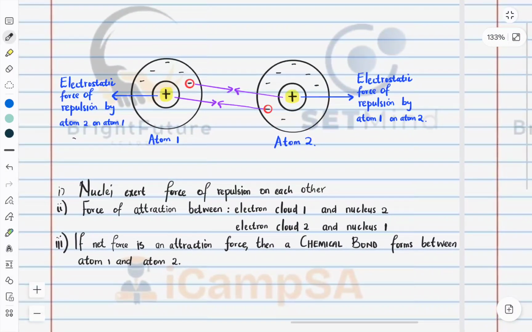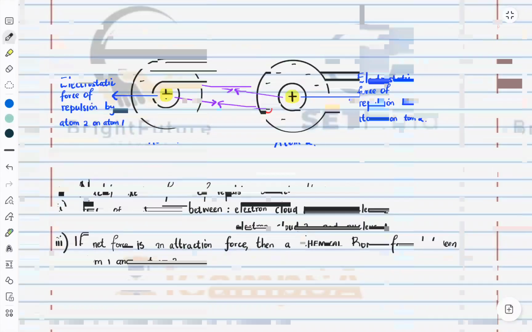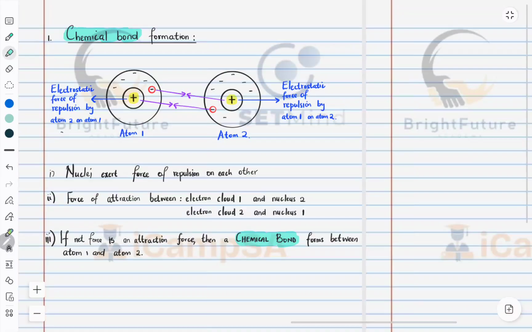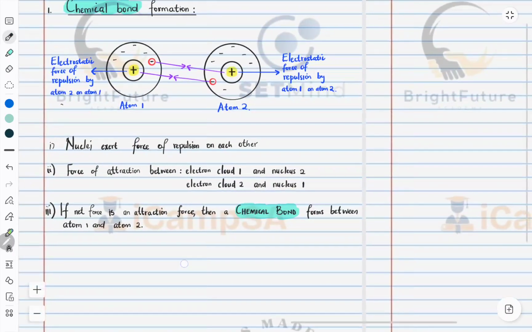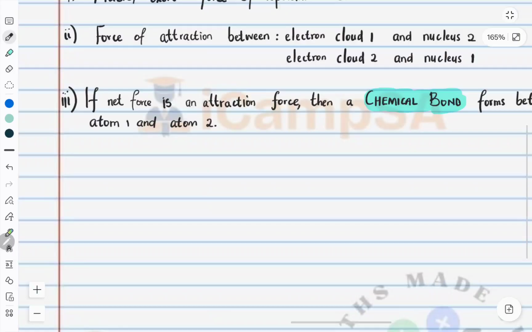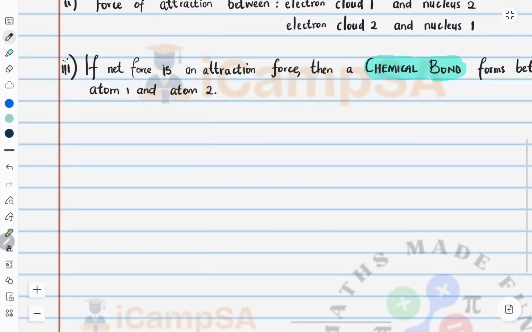But before we get there, this is our summary for how a chemical bond is formed, okay? All right, so now we get to define what a chemical bond is. Basically, every step I've outlined here is the definition of a chemical bond, right?